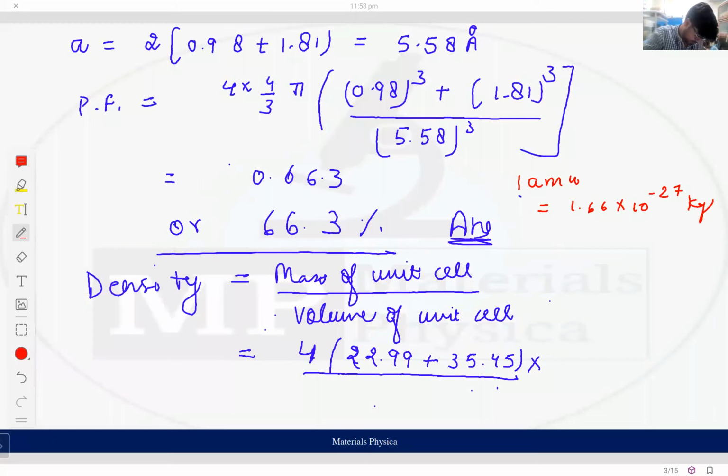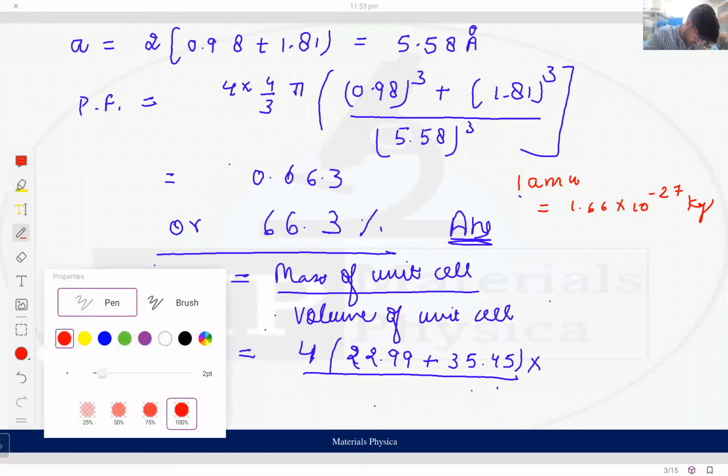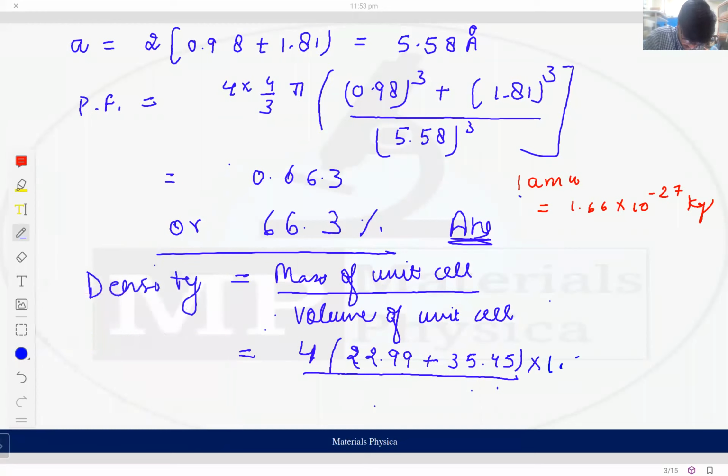So put this value to convert atomic mass unit into kilogram. Now the volume of this unit cell is a cube, and a is 5.58 angstrom, so cube it. And to convert this into meter, we will also multiply it with 10 power minus 10.